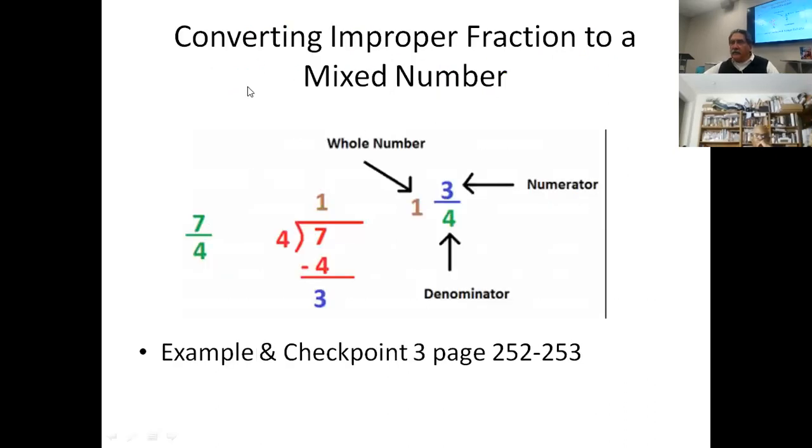For example, this is called an improper fraction, 7/4. If I want to convert it to a mixed number, I divide 7 by 4. 4 goes into 7 one time. The remainder is 3. 3 becomes the numerator, 4 becomes the denominator, and the quotient 1 becomes the whole number.